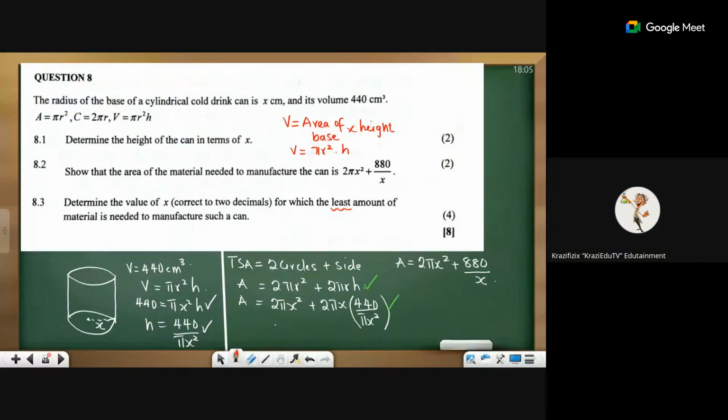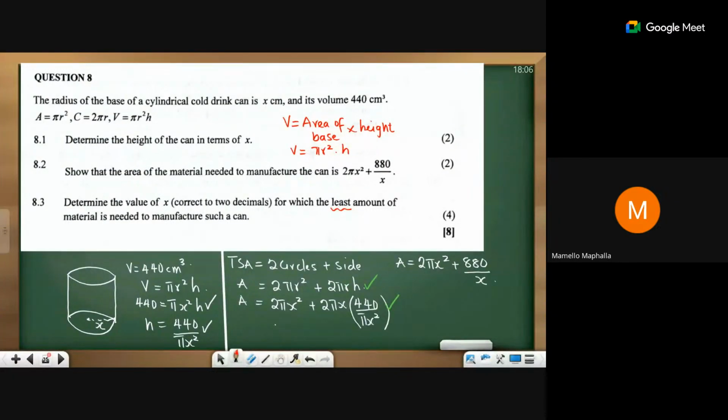Mamelo. Sir, may you please repeat 8.2? Mamelo, tell me where you lost. Let me find out the exact point where you lost. So I got lost at the second step. Which one? Where you say A is equal to 2 pi r squared plus 2 pi r height.